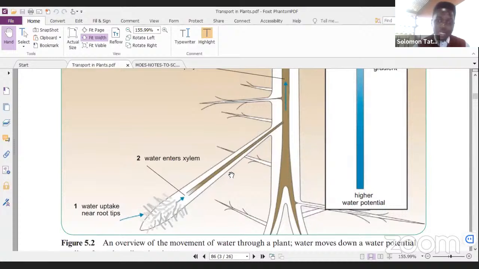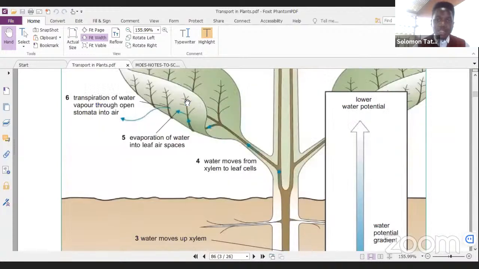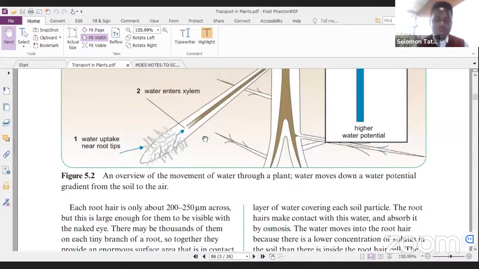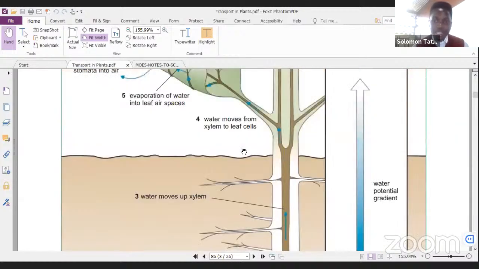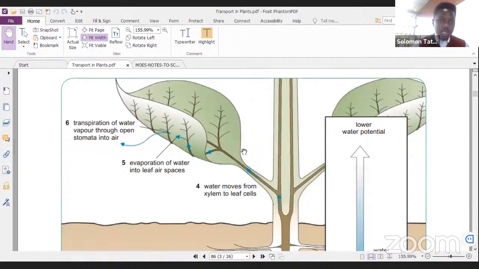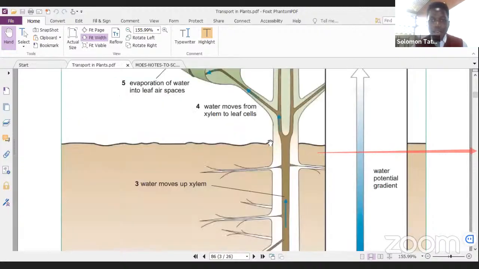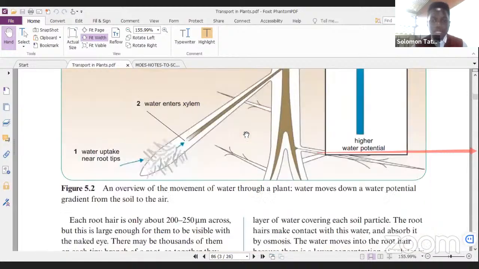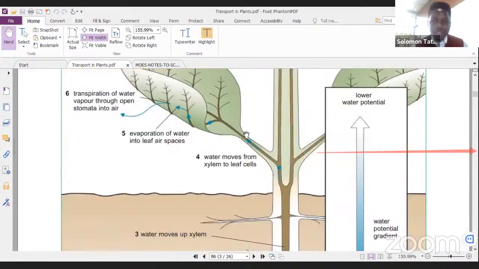So the plant roots take in water, and then this water gets back into the leaves. Once again, it is lost through transpiration. That also creates a vacuum. And again, the roots absorb more water, and the process is continuous like that. That's how plants get to absorb water from the ground. Now, there are a couple of theories we shall look at to see how all this happens. But essentially, that is how water moves from the ground into the leaves.